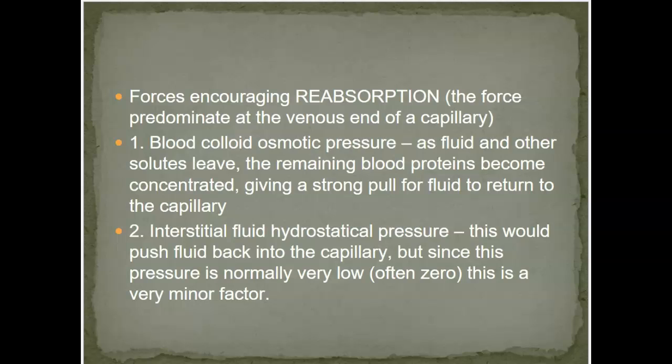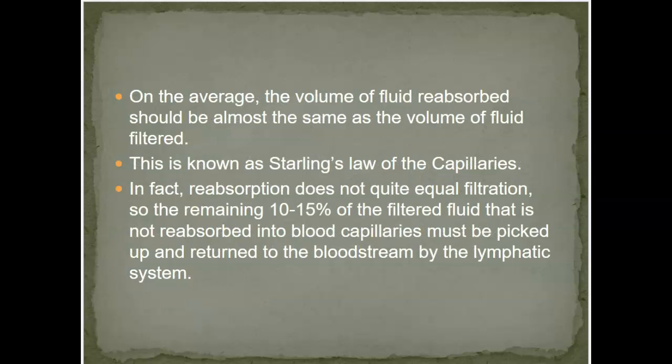But then the colloidal osmotic pressure and this interstitial fluid pressure move liquids back into that, and then that slowly causes the blood pressure to increase. So the blood pressure in your right atrium should be at or near zero. So you have to get your venous side above that in order for the blood to flow back to the heart. Fluids only move from high pressure to low pressure.